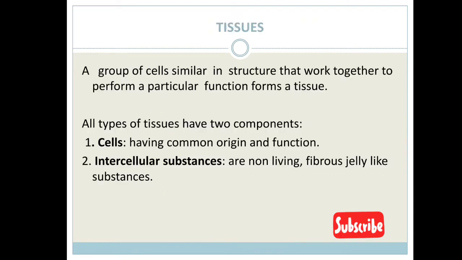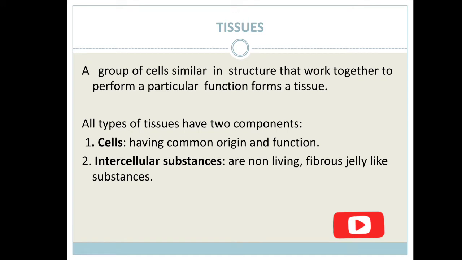Now let us know what exactly tissues are. Tissues are groups of cells. When a group of cells that are similar in structure work together to perform a particular function, they form a tissue. All types of tissues have two main components.